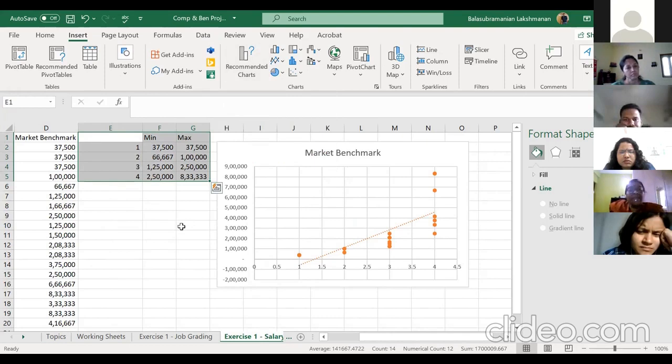Now your grade 1 min and max is 37,000. Typically what happens, say for example, a person has joined in grade 1 at 37,500. He is going to stay in grade 1 for 2 years or 3 years on an average basis, and he will be promoted in 2 years or 3 years.